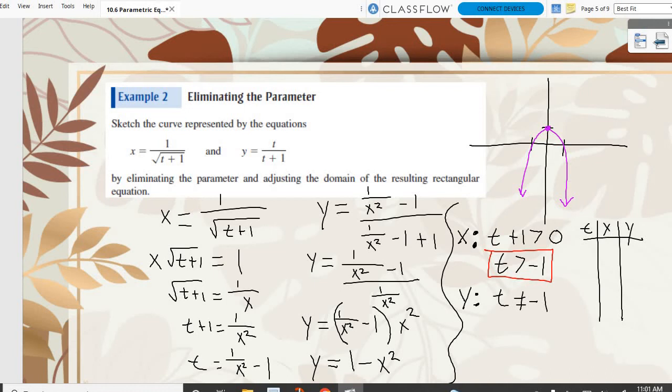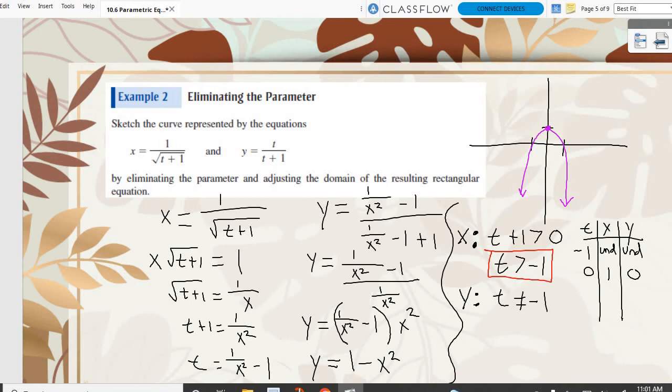So if I went ahead and tried to plug in -1, what would I get for both of those? They would both be undefined, which is why they were a restriction, right? But then going up, if I plugged in 0 next, what would we get? x equals 1 and y equals 0. Now, if I plug in 1 next, I'm going to get what on the bottom?